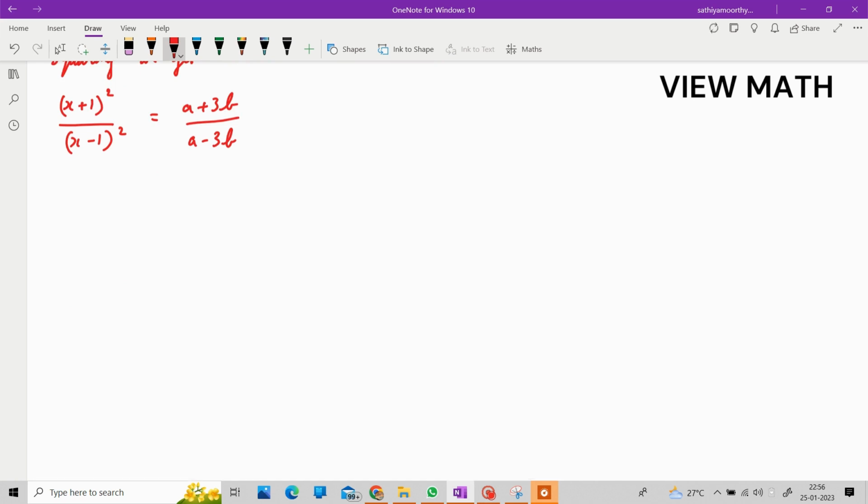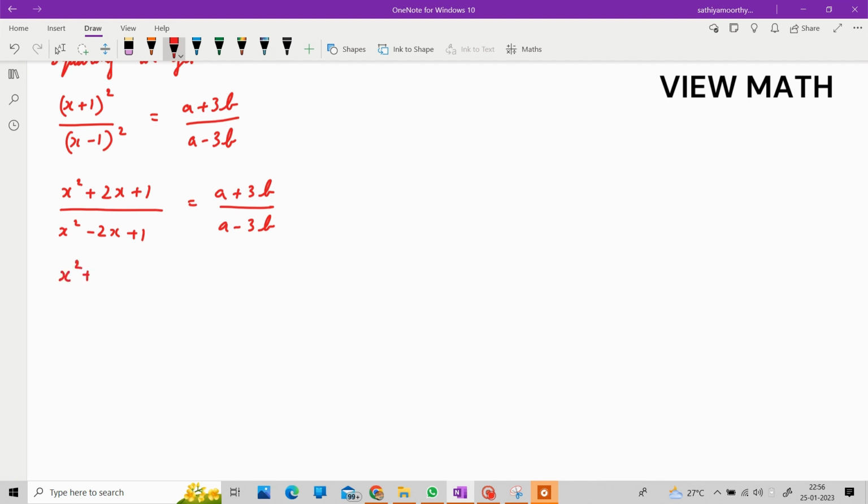So I get x square plus 2x plus 1 divided by x square minus 2x plus 1 is equal to a plus 3b by a minus 3b. Now again I have to simplify this. So let me apply componendo and dividendo property once more.